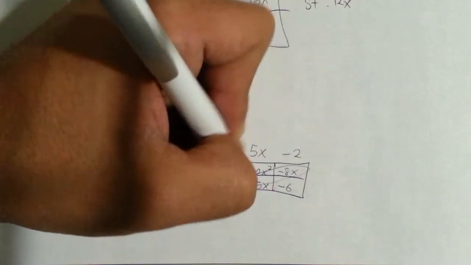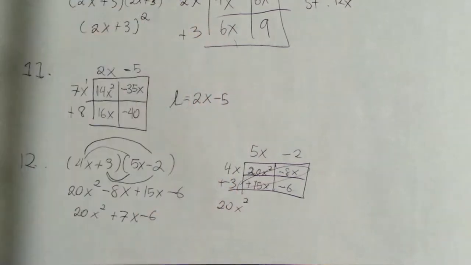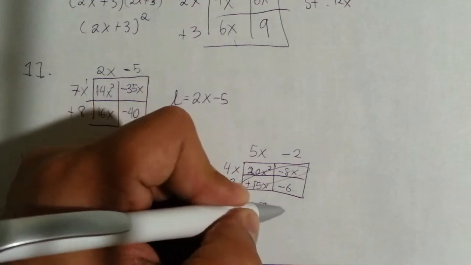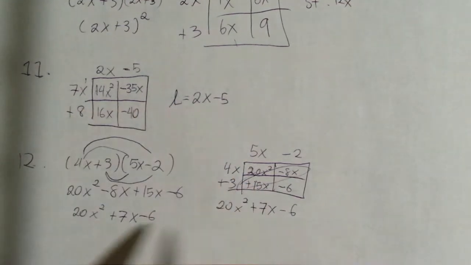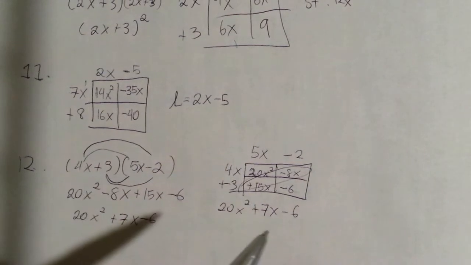We've got our like terms, so we again have the 20x squared, negative 8x plus 15x makes the positive 7x, and then we've got our lone negative 6. Same thing. So again, the box method is just an organized method of distribution.